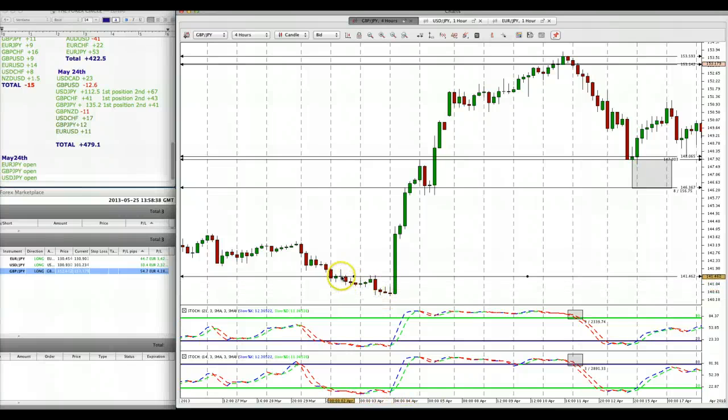So we would isolate the highs and the lows of the previous few candles, which was about 24 hours of activity, and then we would just straddle this and place a buy stop above the swing high, and a sell stop below the swing low, and almost immediately you would have been up 200 pips on this trade. Stochastics was oversold at the time of entry, so that was even better.